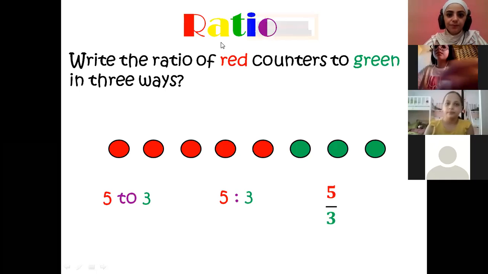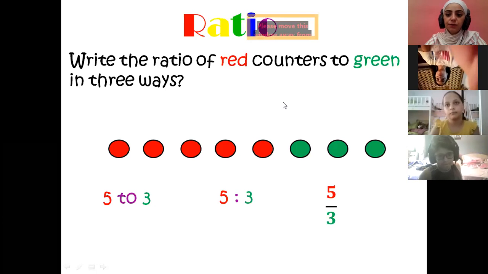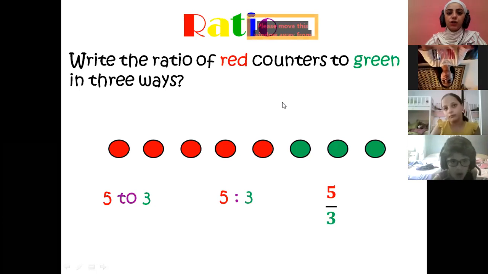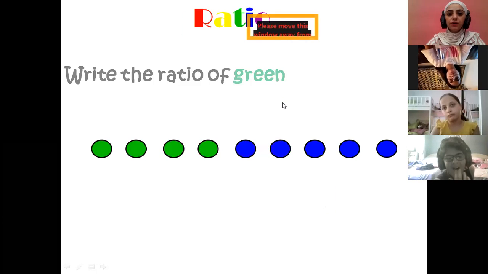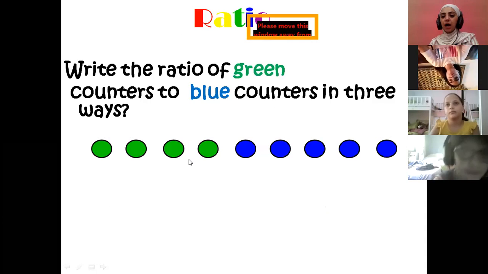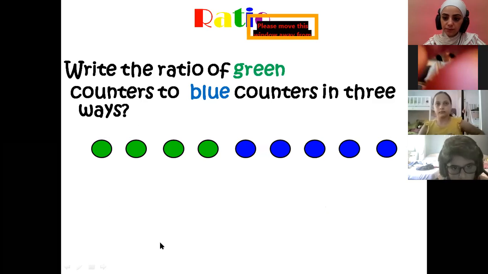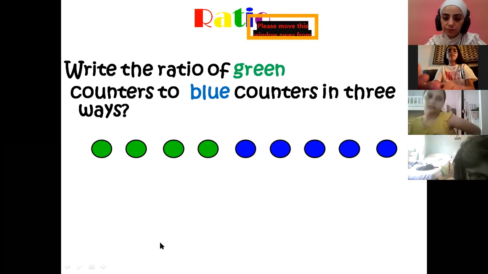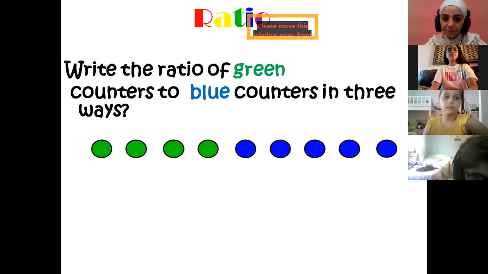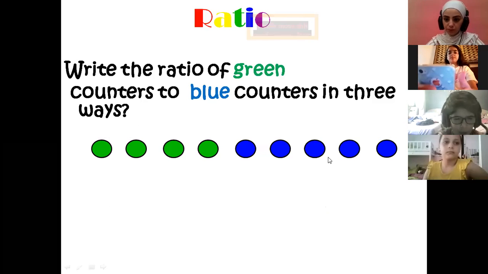Yes, Muhammad. Yes, teacher. Yalla, Muhammad, this is your next question. We need here to write the ratio of green counters to blue counters in the 3 ways. 4 to 5.